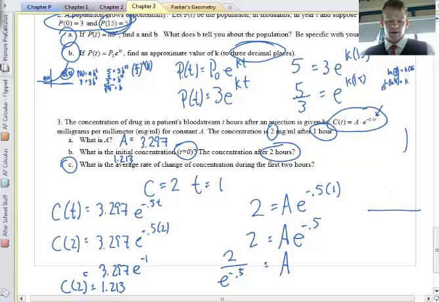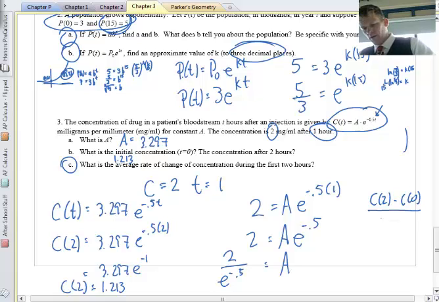This is applying some of our principles of average rate of change. So you want the concentration at 2 minus the concentration at 0, over 2 minus 0. So the average rate of change would be at 2, 1.213, minus the initial amount, which was 3.297, all over 2 hours.